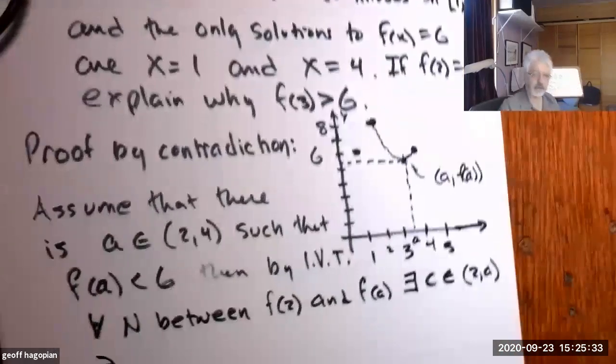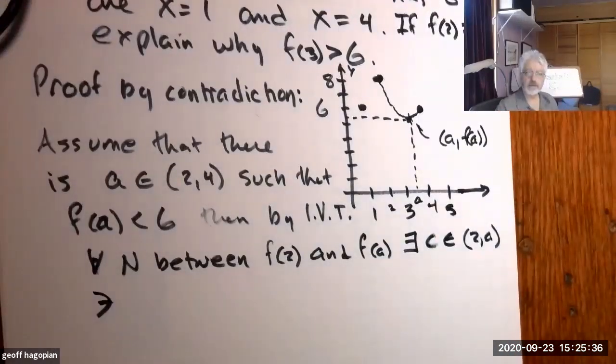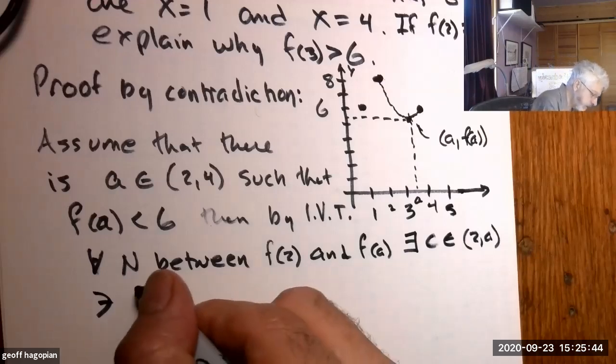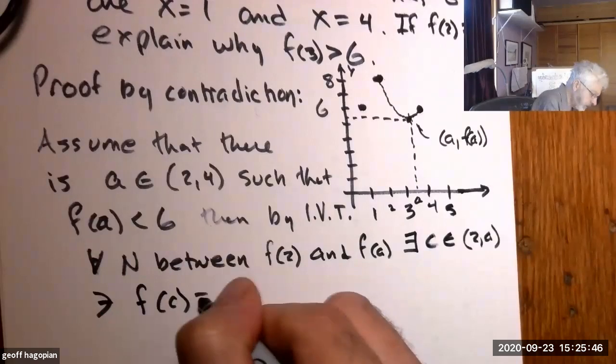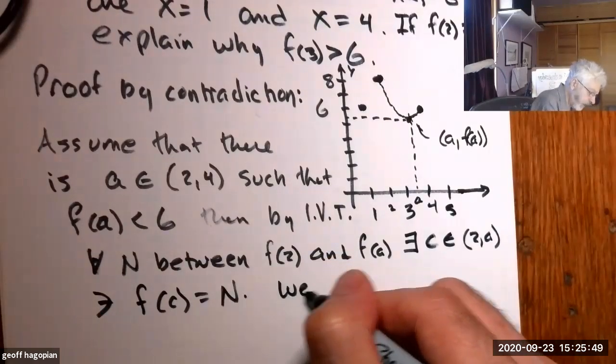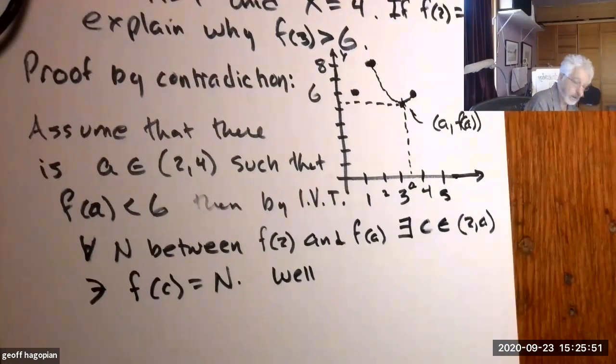The language of logic, folks. So for all n between f of 2 and f of A, there exists C between 2 and A such that f of C equals n.